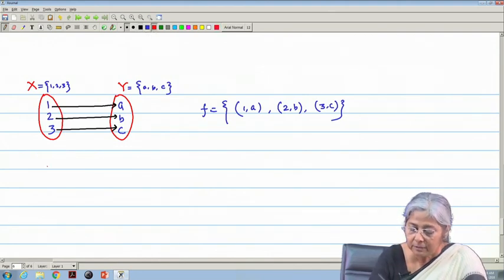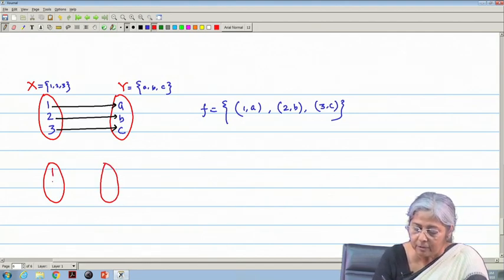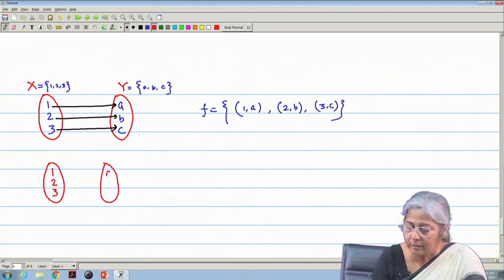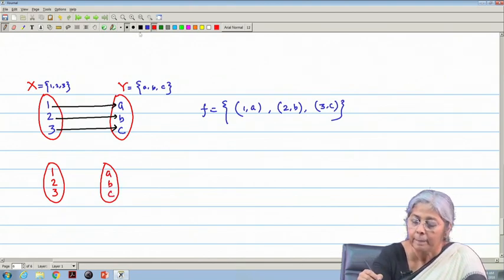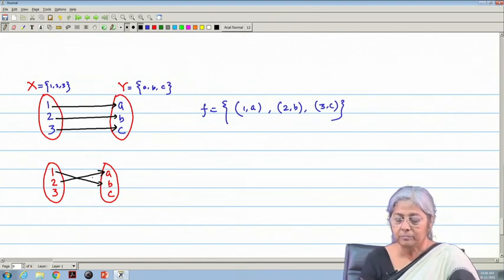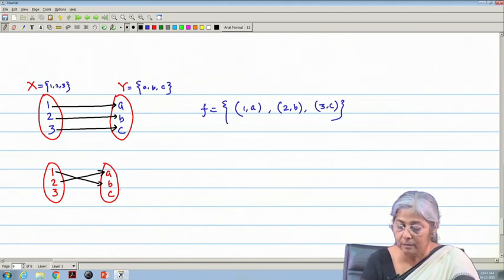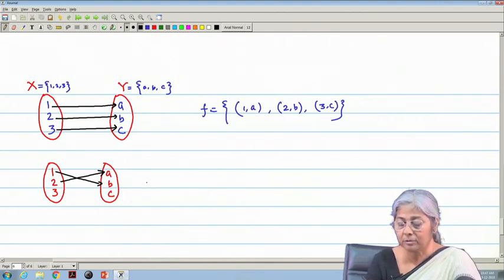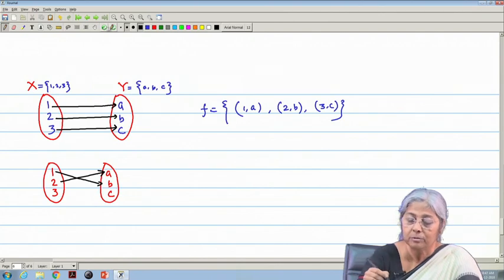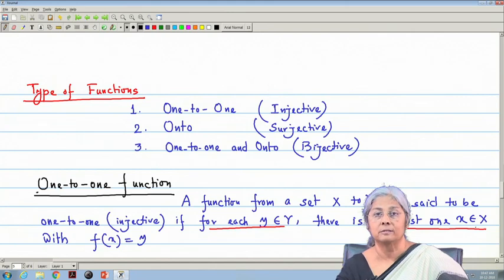So, if I take the same example, say I have 1, 2, 3, I have a, b, c, then say 1 is connected to b, 2 is connected to a, and say c is not connected. Then also it is one-to-one, because if we see the definition, for each y there is at most one x.